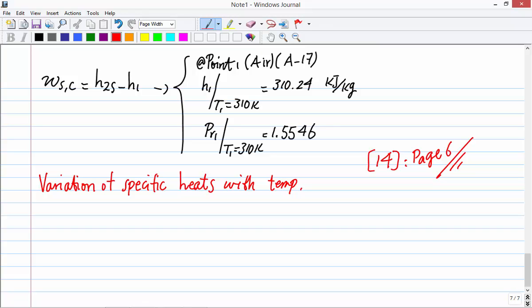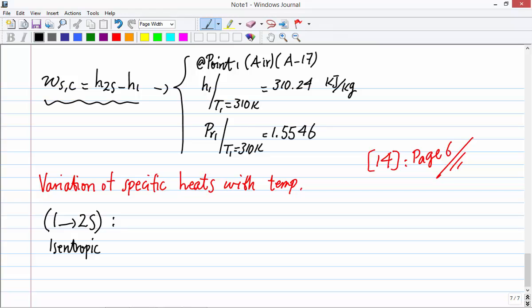What's the trick? It's a relation. Here we are talking about process 1. From now on, we assume everything is isentropic. So in process 1 to 2s, isentropic, we want to find the enthalpy at point 2s.